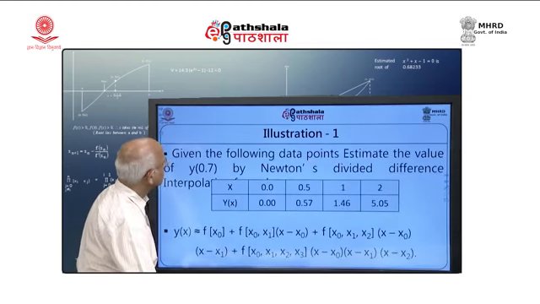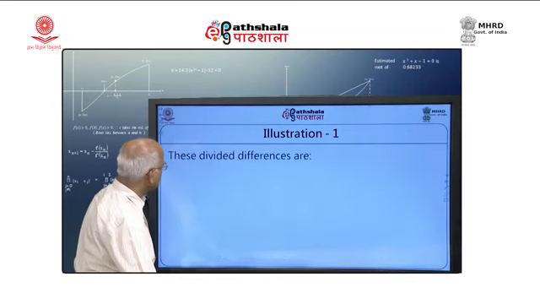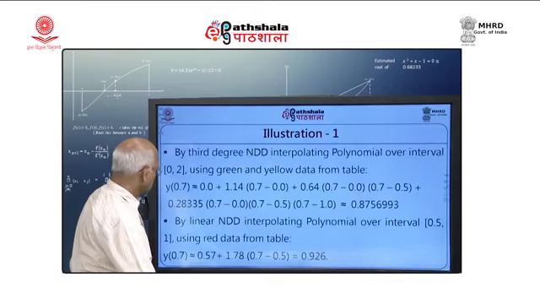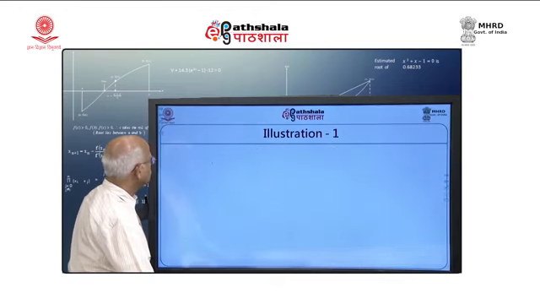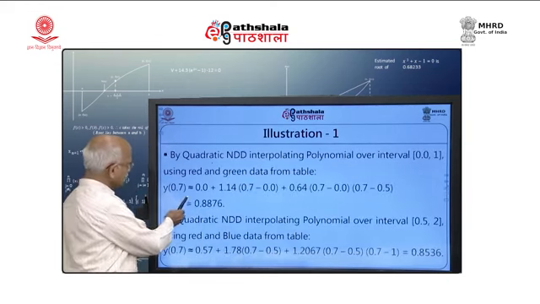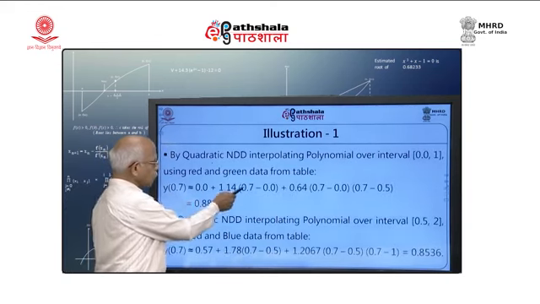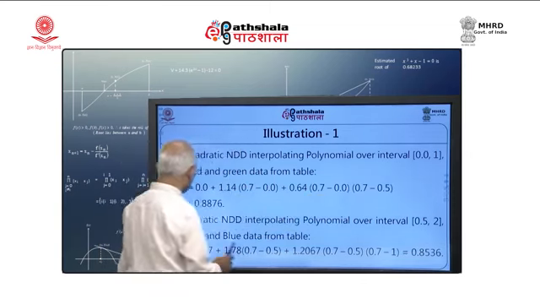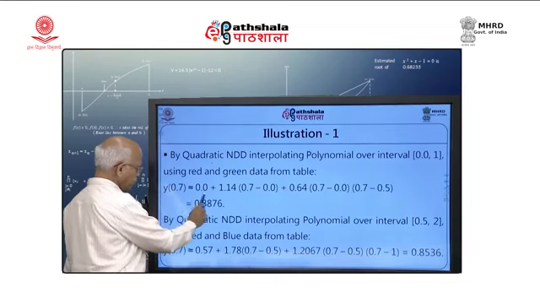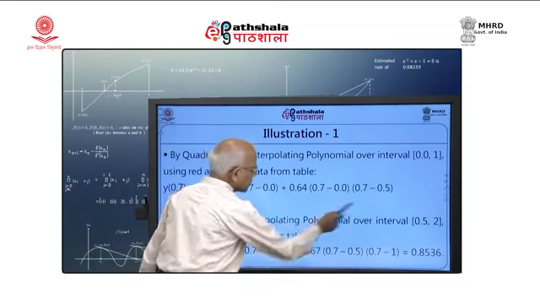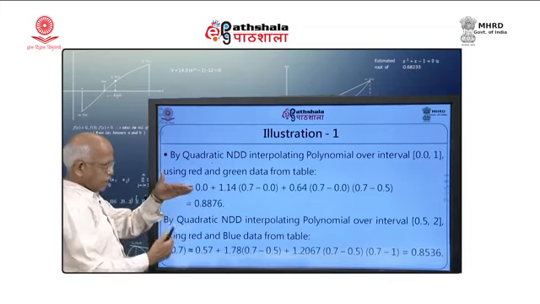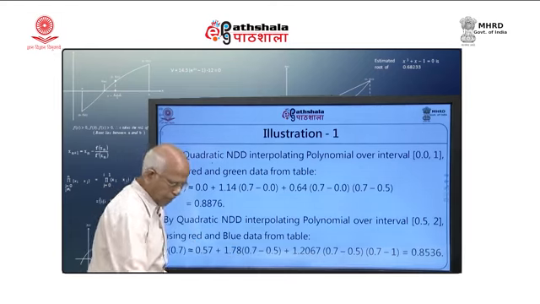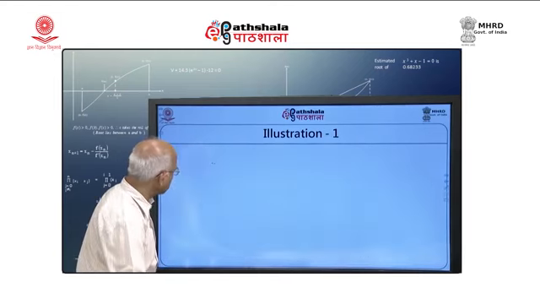We will see here the quadratic polynomial. So, we get here 0.0, 1.14 into 0.7 minus 0, 0.64 into 0.7 into 0.7 minus 0.5, and I will get this value. And if I use this other interval, again I have to take the last 3 nodes and the corresponding differences. So, I will be using 0.57, 1.78, and that we can see from the table again.